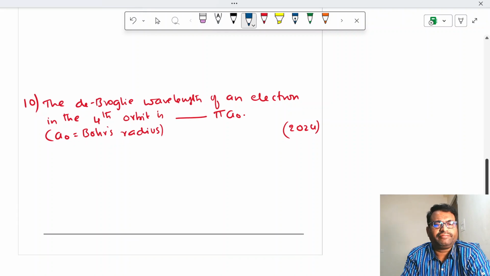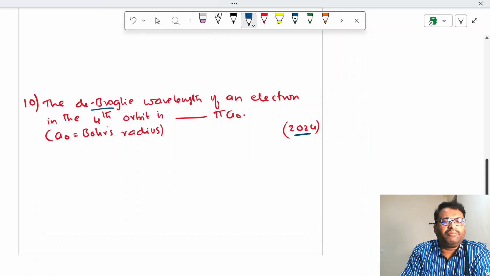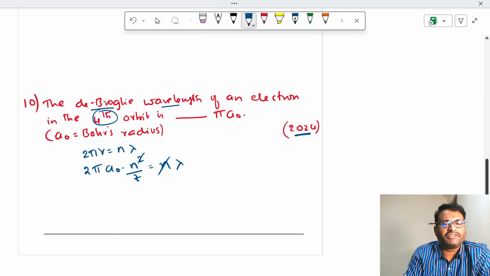Next question, 2024. The de Broglie wavelength of an electron in the 4th orbit. We know that 2 pi r is equal to n lambda. Again, 2 pi into the 4th orbit radius, a naught into n square by z, is equal to n lambda, where n gets cancelled.